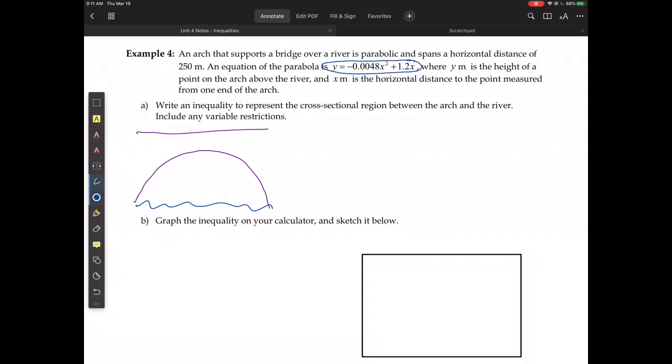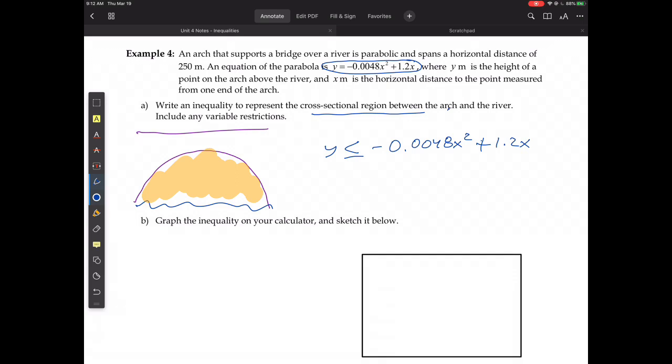If I'm writing an inequality to represent the cross-sectional region between the arch and the river, it wants to know this region in between the arch and the river. So if I'm just looking at that region, I'm going to say that y has to be less than or equal to negative 0.0048x squared plus 1.2x.